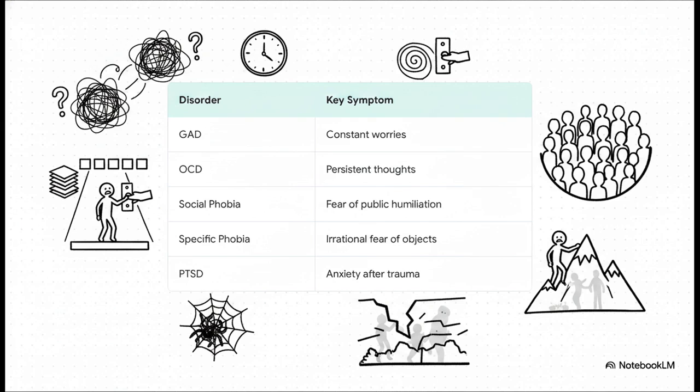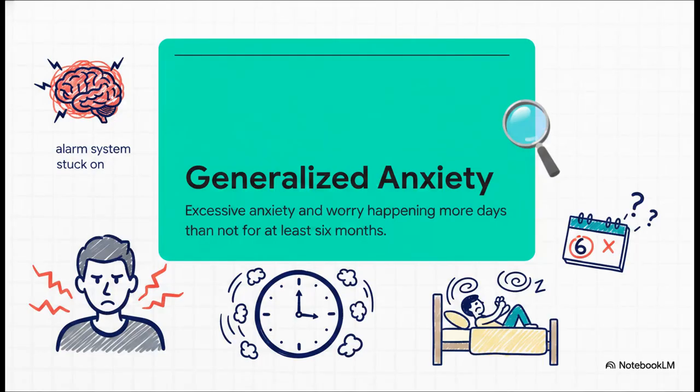That's social phobia. An intense, completely irrational fear of one specific thing, like spiders or maybe heights, specific phobia. And finally, if severe anxiety kicks in after a life-threatening trauma, usually along with flashbacks, we're looking at post-traumatic stress disorder.